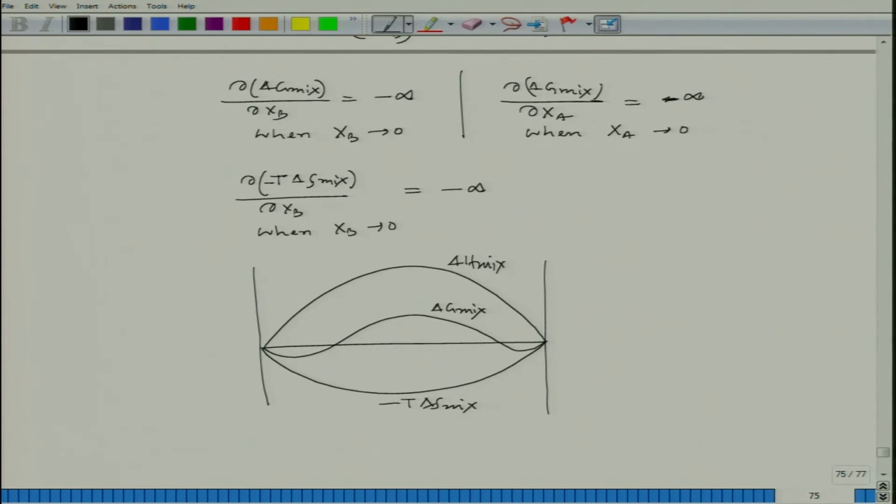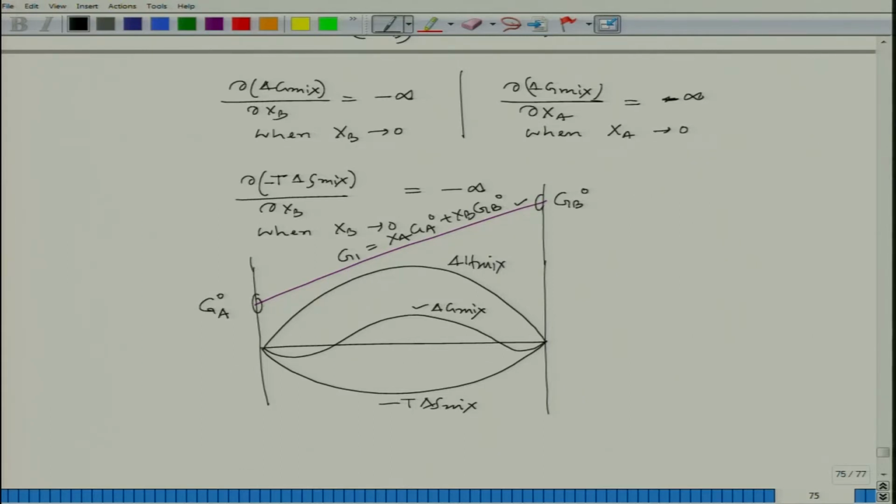Now, if I try to see what would happen to the G2 line, this was my G_A^0, this is G_B^0, this is G1 equal to X_A G_A^0 plus X_B G_B^0. We have to just add this value with this value, and here also the situation would be the same.